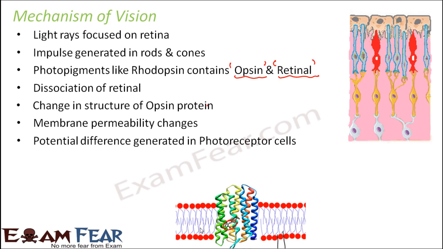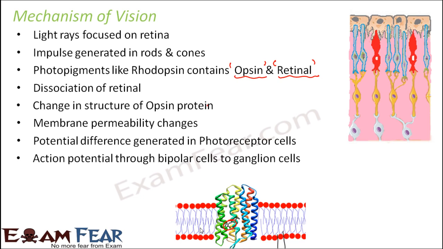Whenever a potential difference is generated, that potential difference itself can generate an action potential, which can then travel throughout the cells. The action potential is generated in these cells, then it travels to the bipolar cells.